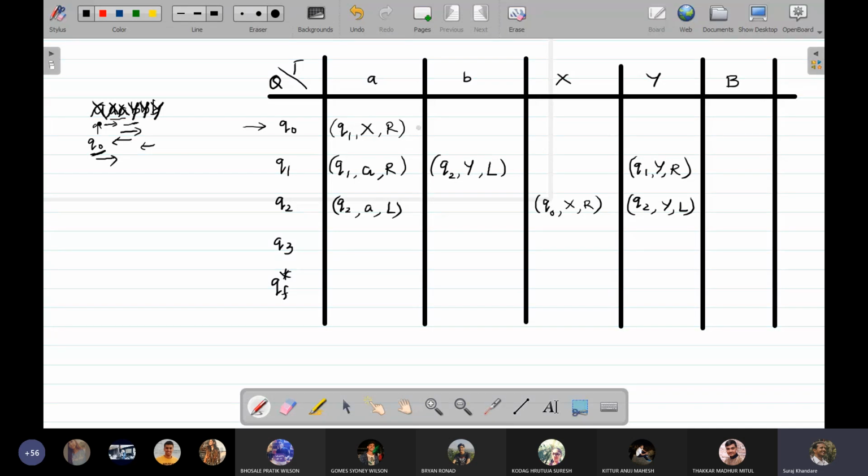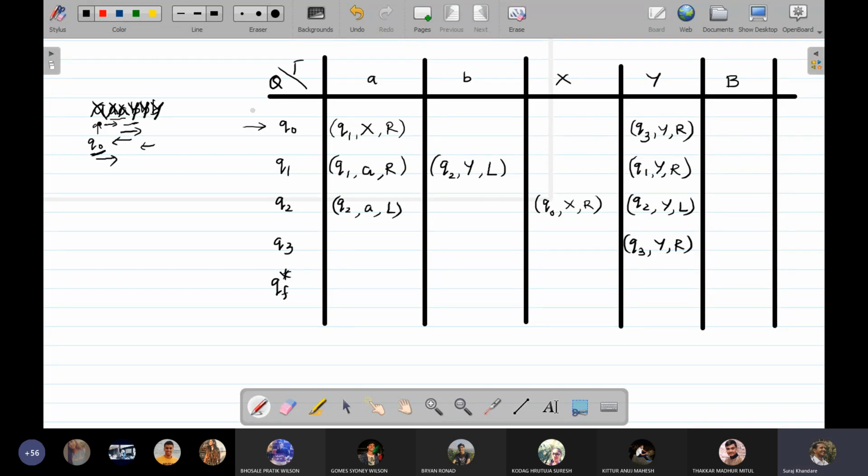In Q0, immediately when you get Y after your X, there is no A present. So all the A's have been converted to X. Now you will go to the state Q3 and Y will be kept as it is. You keep moving to the right. Now you may encounter more Y's, so we stay in the same state Q3 and keep moving to the right.